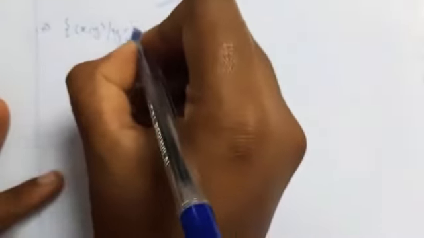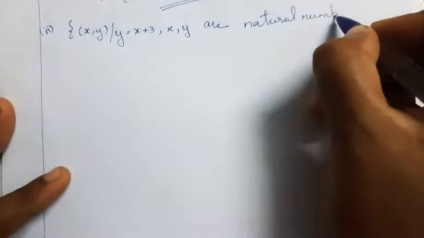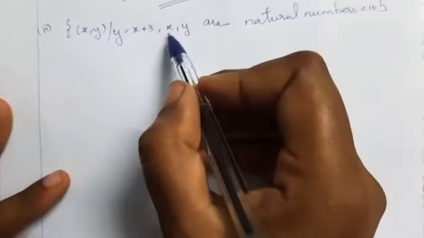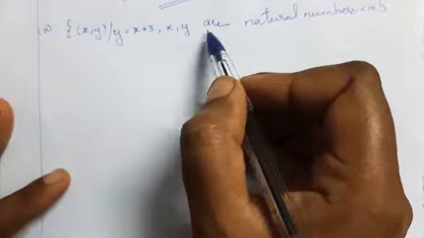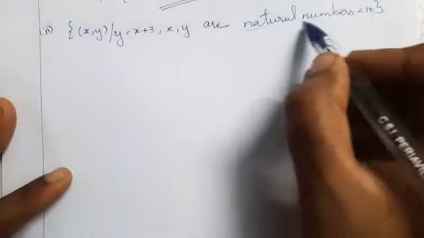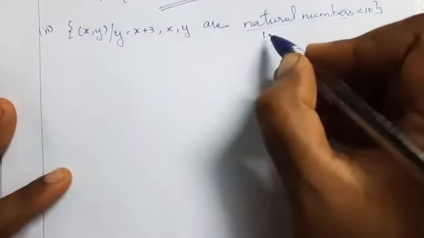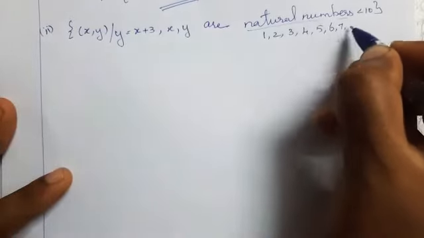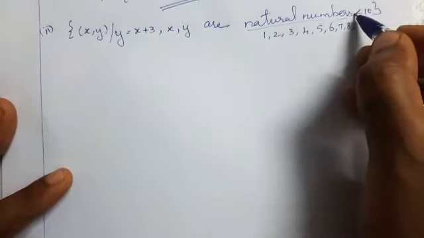x, y. All the values from x and y belongs to natural numbers less than 10. What is the meaning for natural numbers? It starts from 1, 2, 3, 4, 5, 6, 7, 8, less than 10.